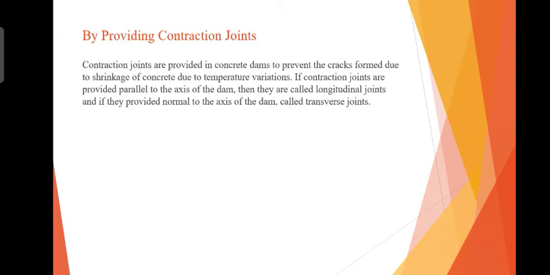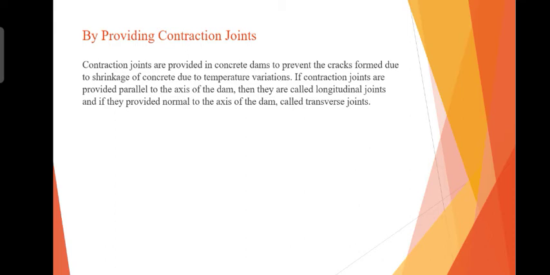Then the next one is providing contraction joints. Due to temperature variation we have to provide joints like expansion joints and contraction joints. In a gravity dam we have to provide contraction joints. Contraction joints are provided in concrete dams to prevent cracks due to shrinkage. When the concrete shrinks, cracks occur, so we have to provide contraction joints.